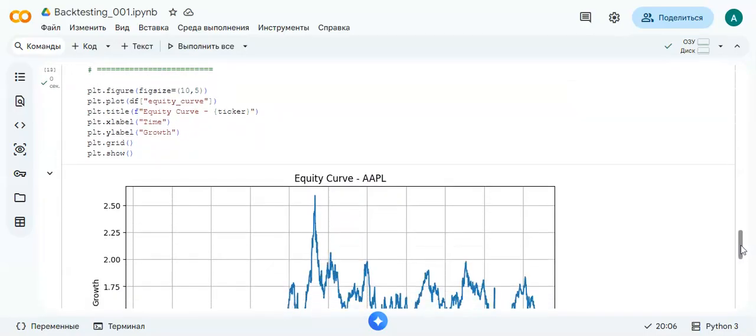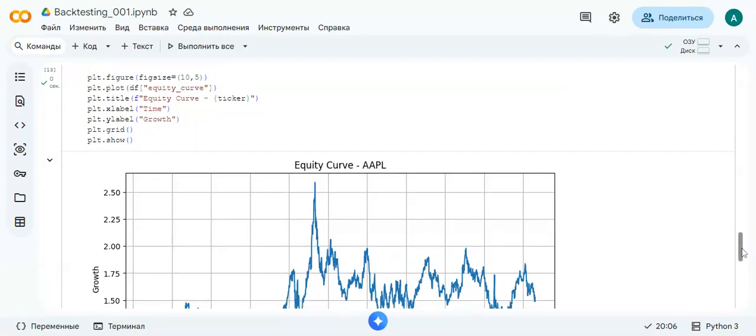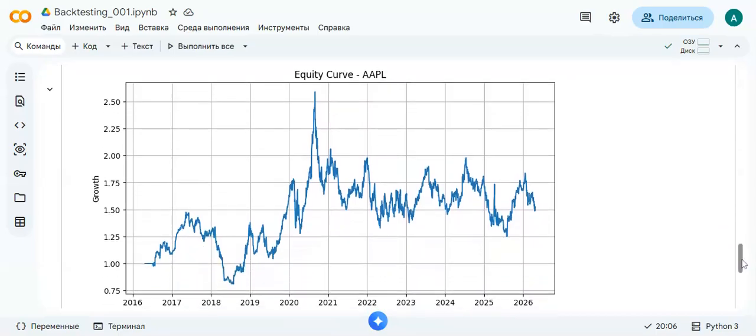And here's all the matplotlib function and code, sorry. And here is how the equity curve looks. You see here is the percentage of growth, and here are all the years starting from 2016 to 2026, for 10 years. So you can see most likely maximum drawdown happened all the way here, in the middle of 2018, and the maximum upside we have is just during the COVID-19 pandemic.